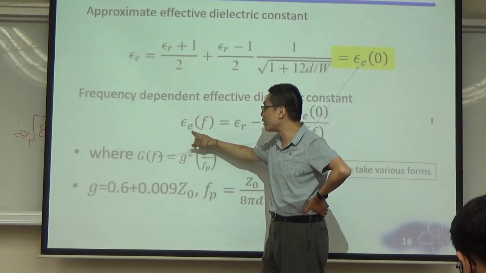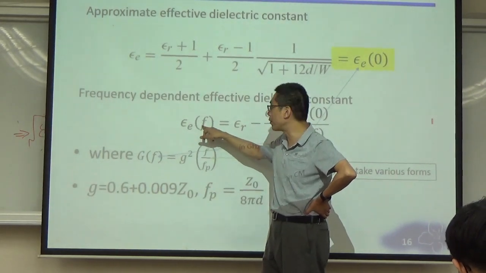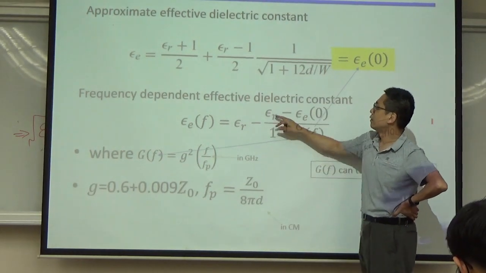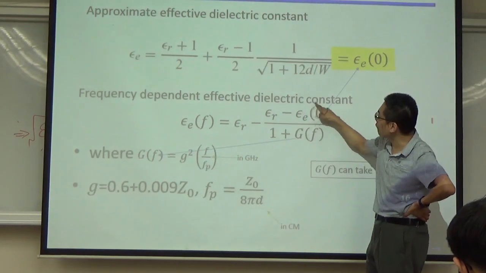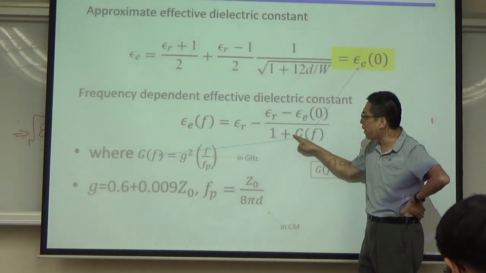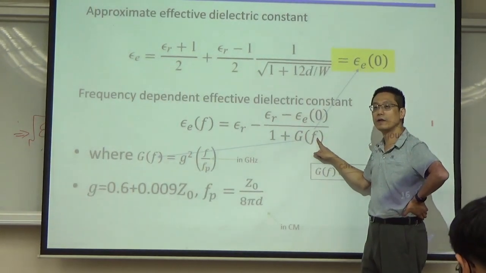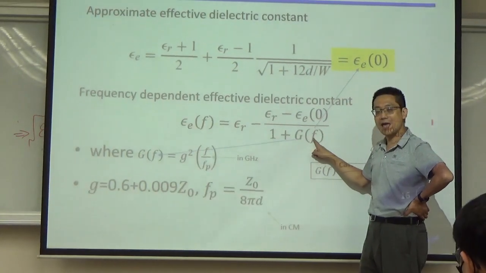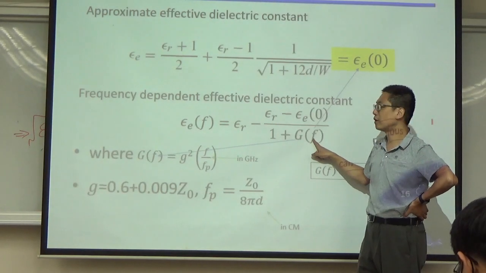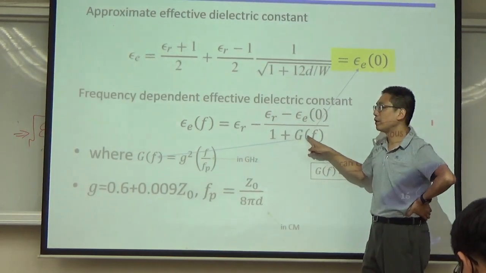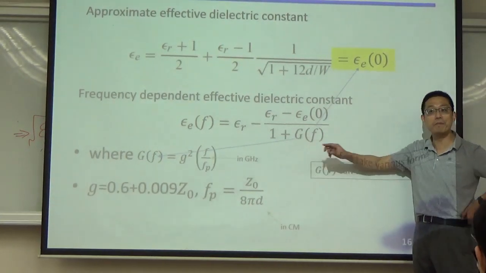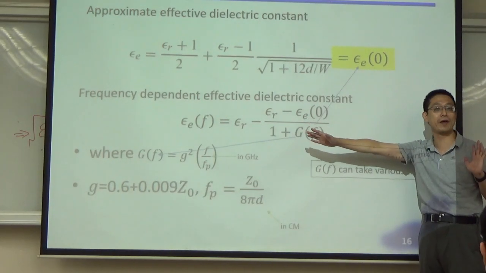Okay? Your epsilon E, depending on frequency, is the epsilon R minus epsilon E of the epsilon E equation over 1 plus the function of g. The function of g is a frequency-dependent function. What is function of g? There are many different functions of g by different scientists and different papers.